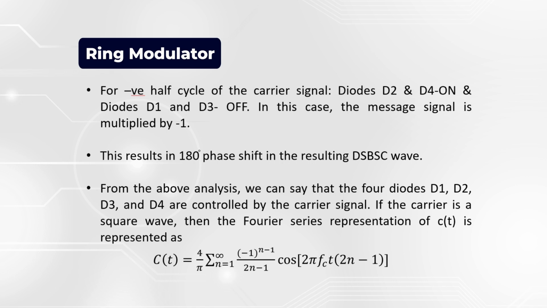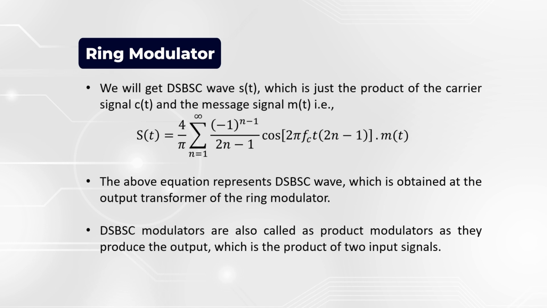If the carrier signal is a square wave, then the Fourier series representation of the carrier signal is given by c(t) equal to 4 upon pi, summation n equal to 1 to infinity, (-1) to the power n minus 1 divided by 2n minus 1, multiplied by cos 2 pi fc t (2n minus 1). We will get the DSB-SC wave s(t), which is just the product of this carrier signal c(t) and the message signal m(t).